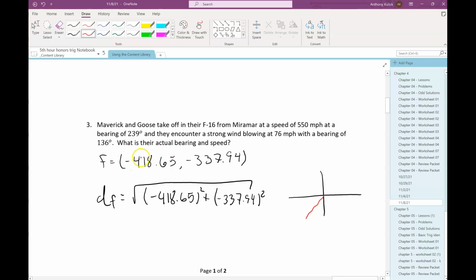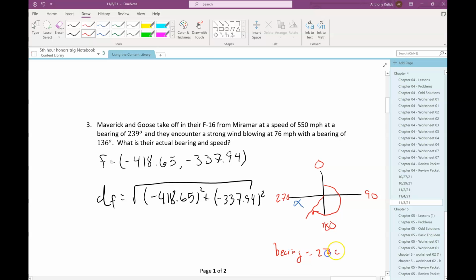Well, it's negative 418 over negative 337 down. So I'm just plotting it on the xy axis. So my bearing is this. So 0, 90, 180, 270. And this is my alpha here.